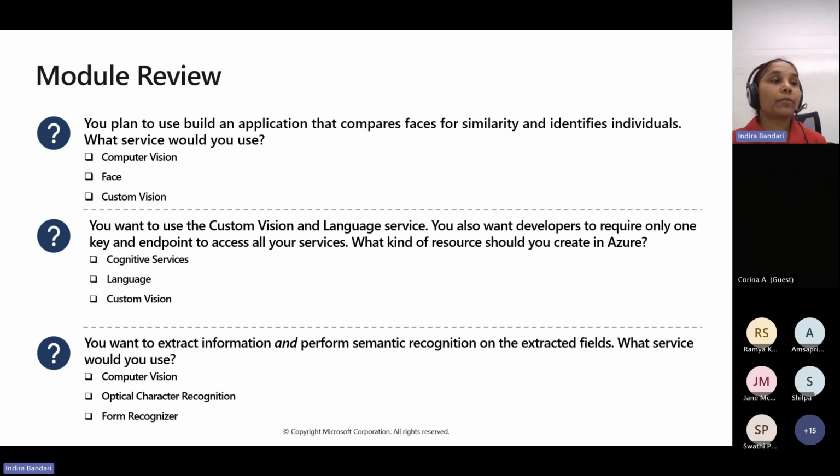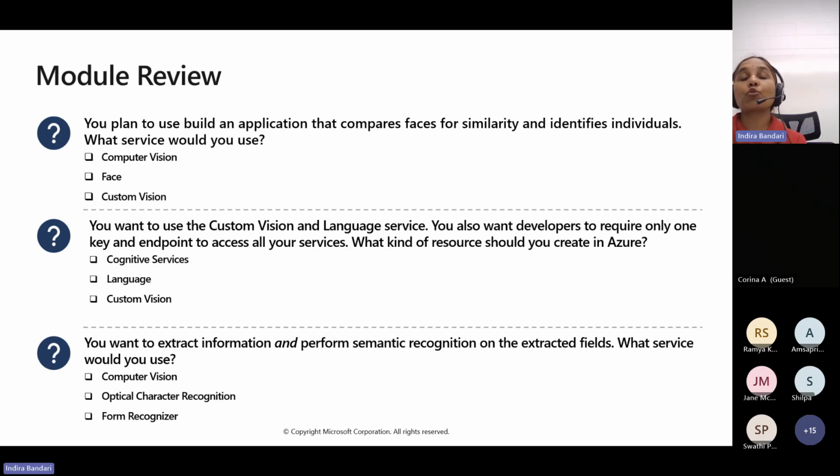The reason being, can anyone explain the reason? Why is the answer cognitive services and not custom vision or language? Can anyone unmute and let me know, or type in the chat, please? Yes, Sunny, you are right. Because custom vision and language service are two different services in Azure.